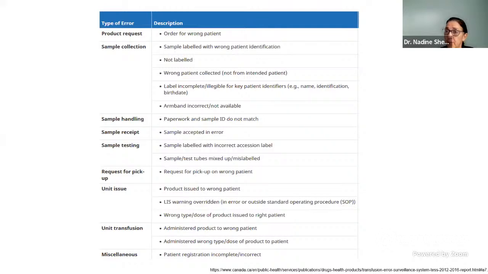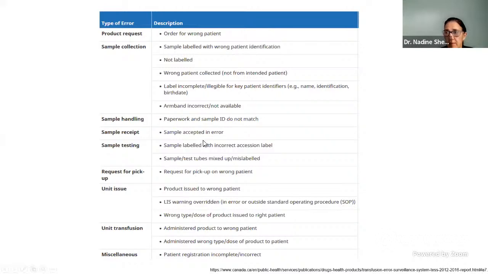The request for pickup can also result in error if it's picked up for the wrong patient. The unit can be issued incorrectly to a patient, or the wrong type or dose of a product is issued. And lastly, at unit transfusion, it can be administered to the wrong patient.